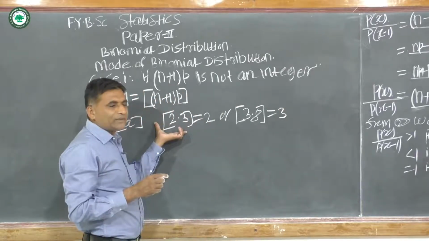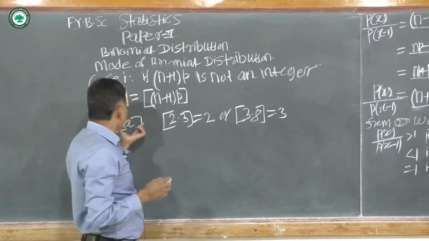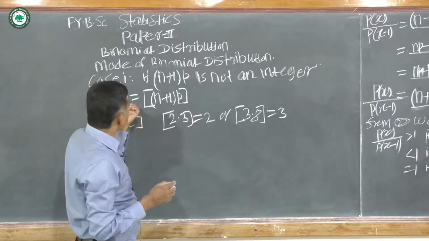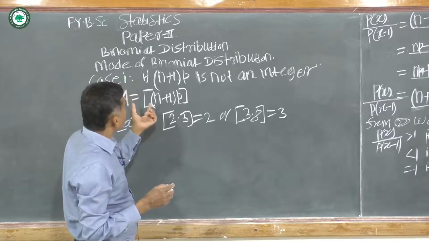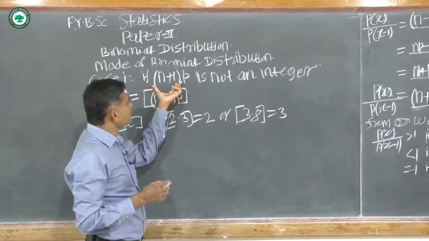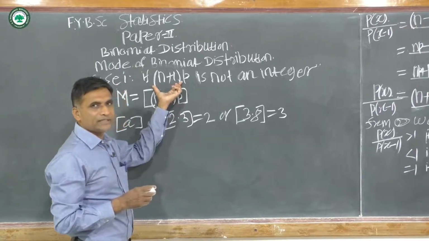In this case we take only the integral part of this value. In this way the mode of the binomial distribution is obtained if (n plus 1) into p is not an integer. This is the first case.